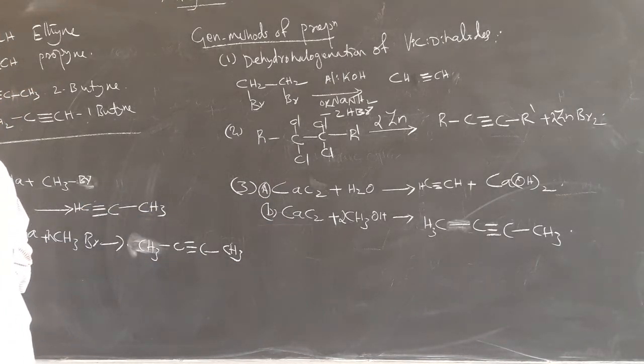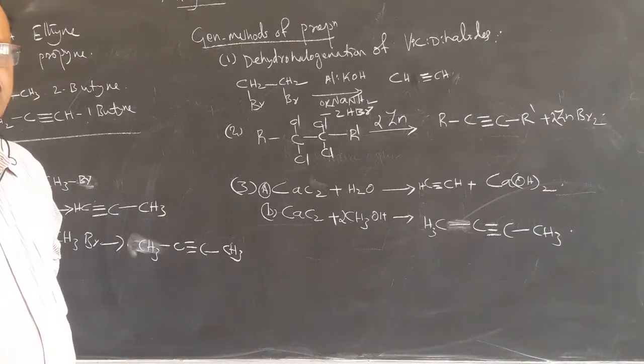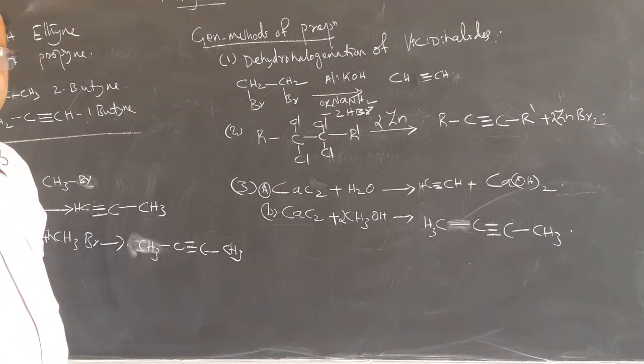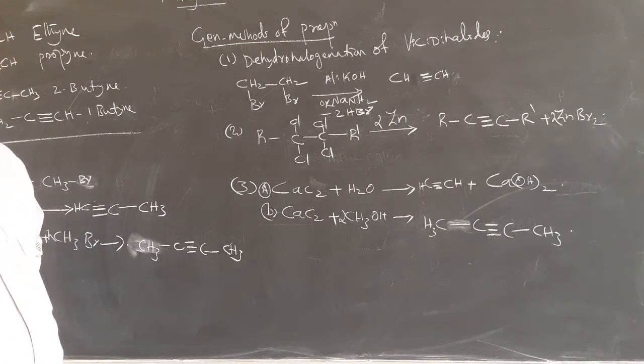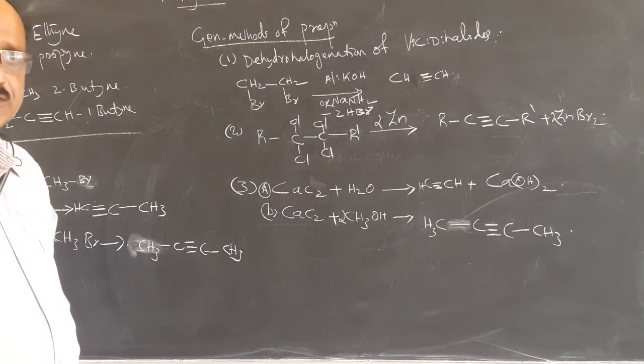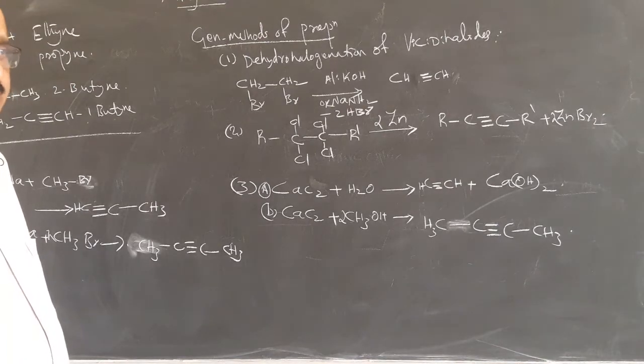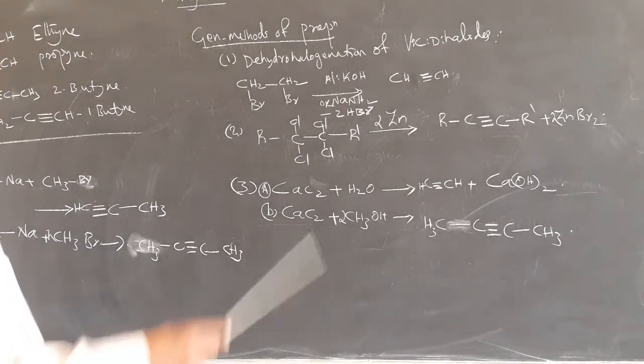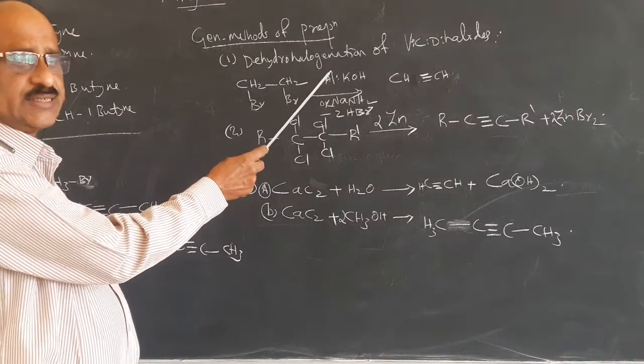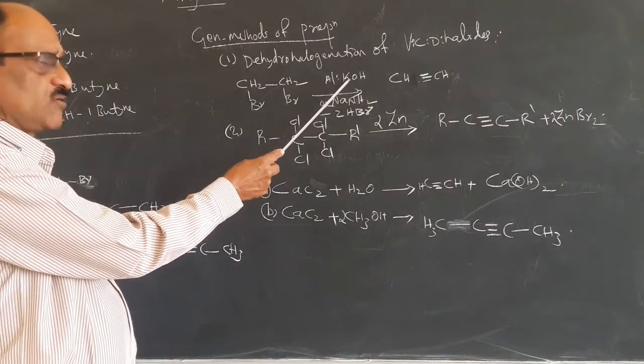The dehydrohalogenating agent is alcoholic potassium hydroxide. What is the dehydrating agent? For eliminating water, it is concentrated sulfuric acid or potassium hydrogen sulfate, KHSO4. Here it is a dehydrohalogenating agent, and alcoholic potassium hydroxide is the common agent.